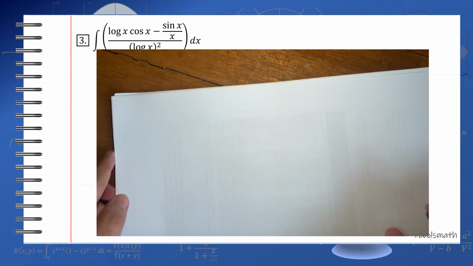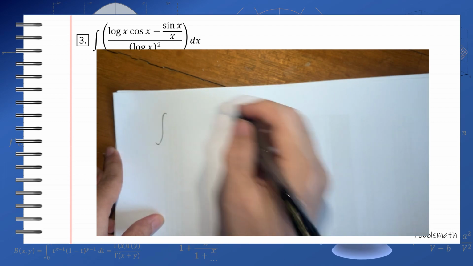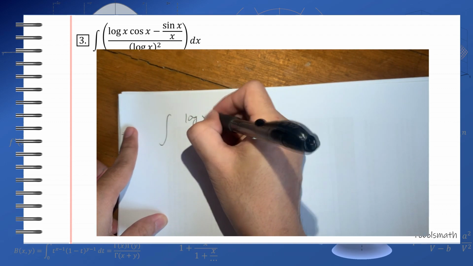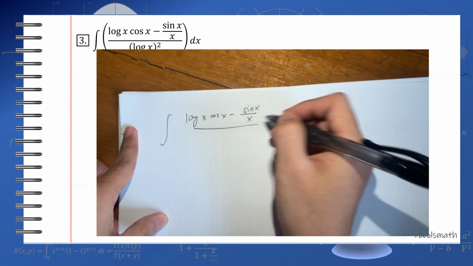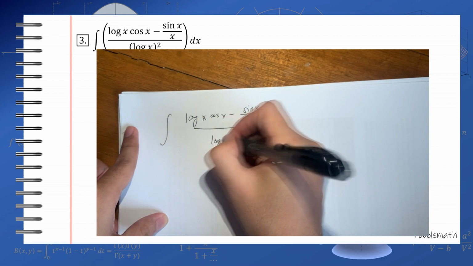Next, we're looking for the integral of (log x cos x minus sine x) over the square of the log.